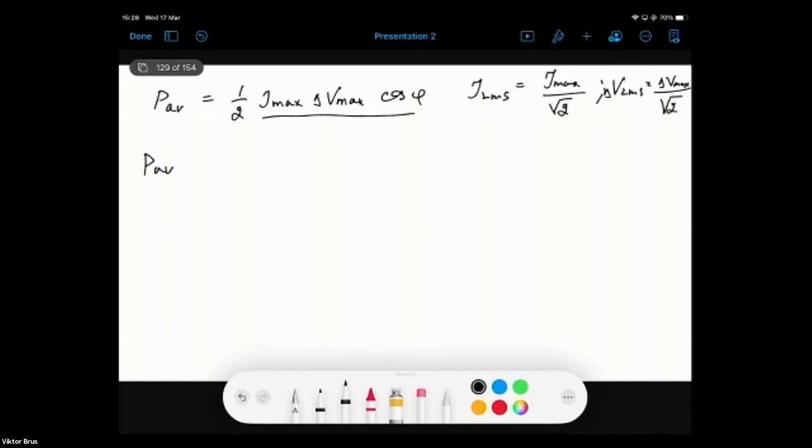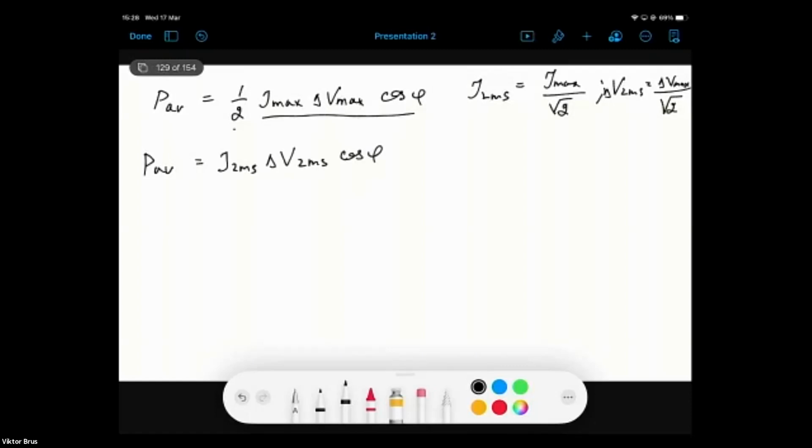So P average is equal to, here we substitute I maximum with IRMS times square root of 2. We will have 2 square roots of 2, they will cancel out with this 2 in the denominator. It will be IRMS times delta V RMS times cosine phi.